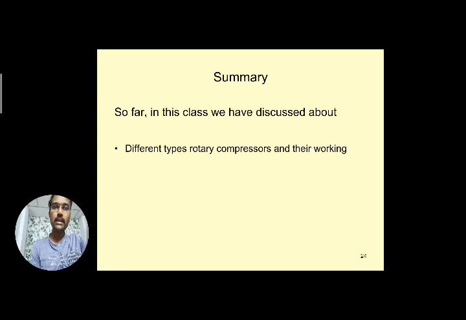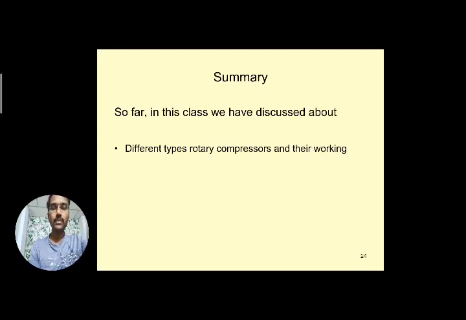Next we saw the important topic, the screw compressor: how the male and female rotors are designed, and how the refrigerant is compressed when the volume is decreased, due to its rotational motion.